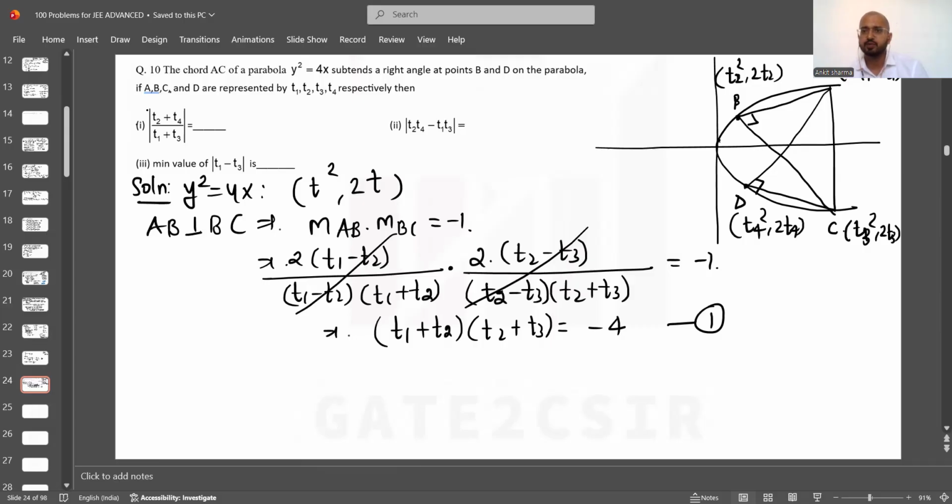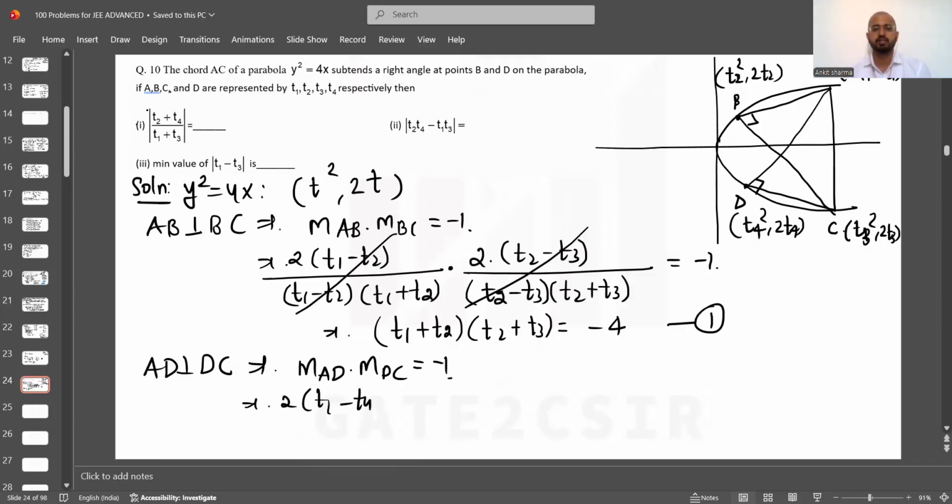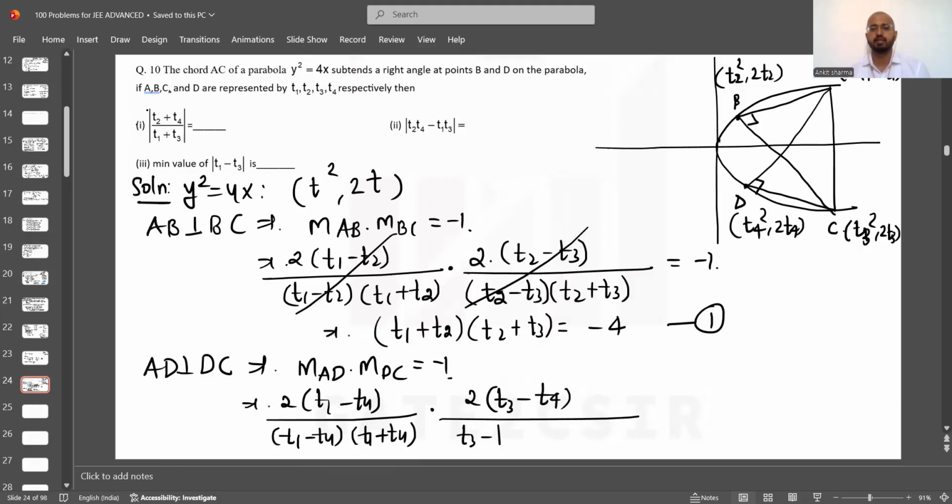Now AB is perpendicular to BC. The same way I can write down AD is perpendicular to DC. If AD is perpendicular to DC, that means the product of their slopes will again be minus 1. AD slope, that means t1 and t4: 2 times (t1 minus t4) upon (t1 minus t4) into (t1 plus t4), into 2 times (t3 minus t4) over (t3 minus t4) into (t3 plus t4), is equal to minus 1.